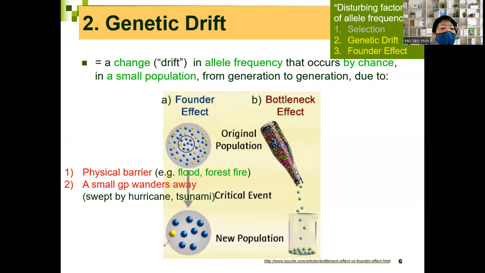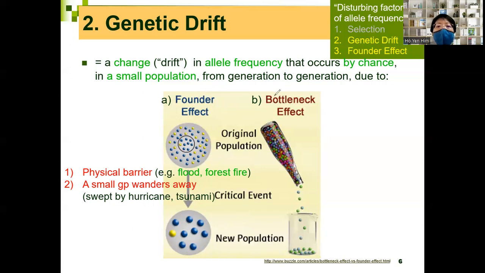So even though this group is a sample from the original population, the allele frequency here will be different from the original population. Okay, so this is the meaning of founder effect: a change in allele frequency that occurs by chance in a small population. In this case, because of some physical barrier, a small group wanders away.